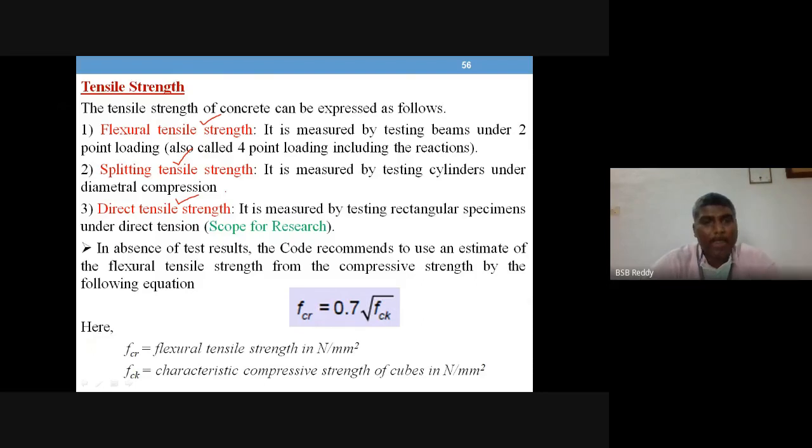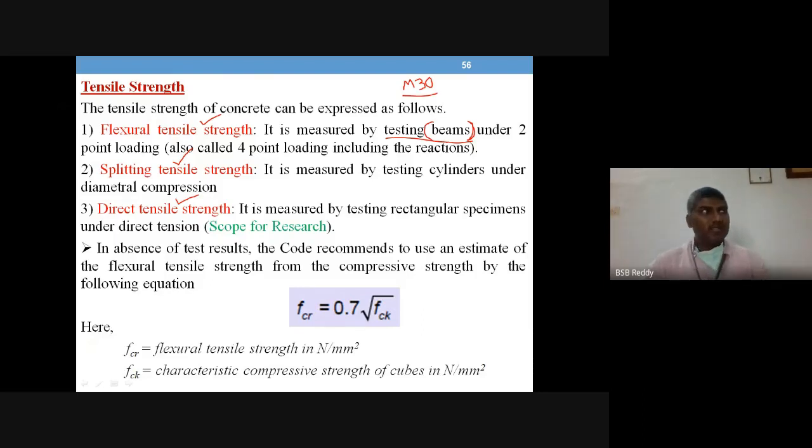Okay. So, what is flexural tensile strength and how do you find it? It is measured by testing beams. So you have to prepare beams of the required grade of concrete. So if you want for a grade of M30, what is its tensile strength if you want for M30 grade of concrete?